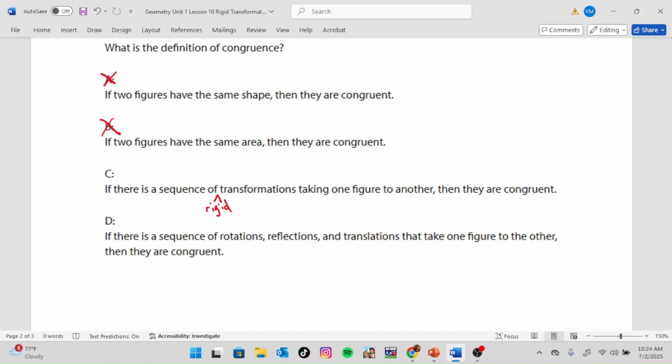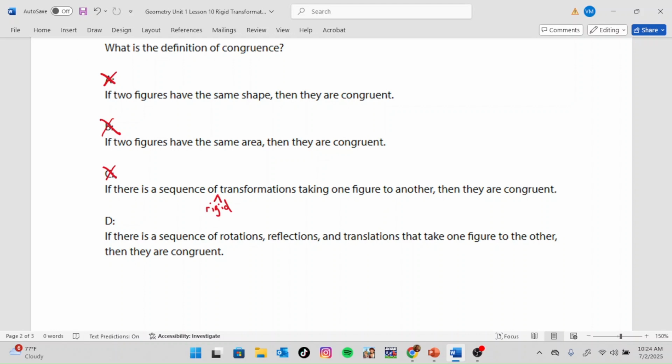I could also move one point and not the others. I would be transforming the shape, but I would not be making it congruent. So without this specific word of rigid transformations, then C would not be correct.